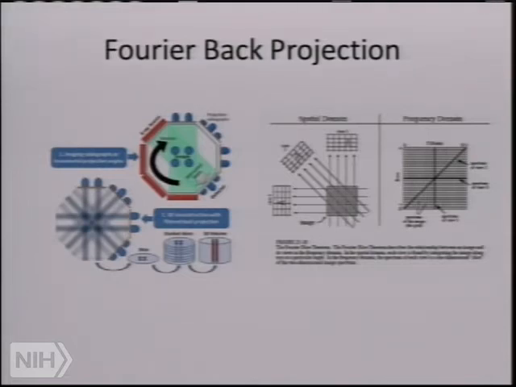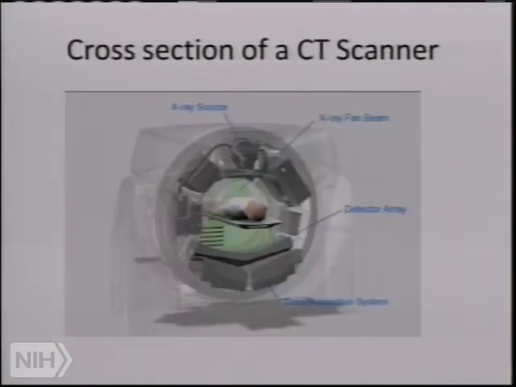Now, back projection is good, but it's not quite as accurate as what we do now, which is a Fourier transform, which I don't have time to go into, but suffice it to say that it's a mathematical way of dealing with all these curves to reconstruct the image in a way that gives you a cross-section of the body.